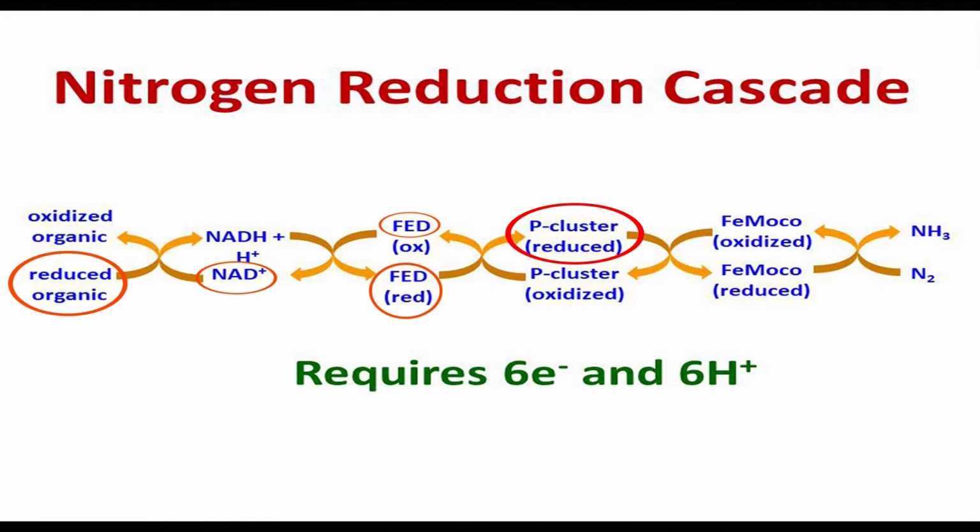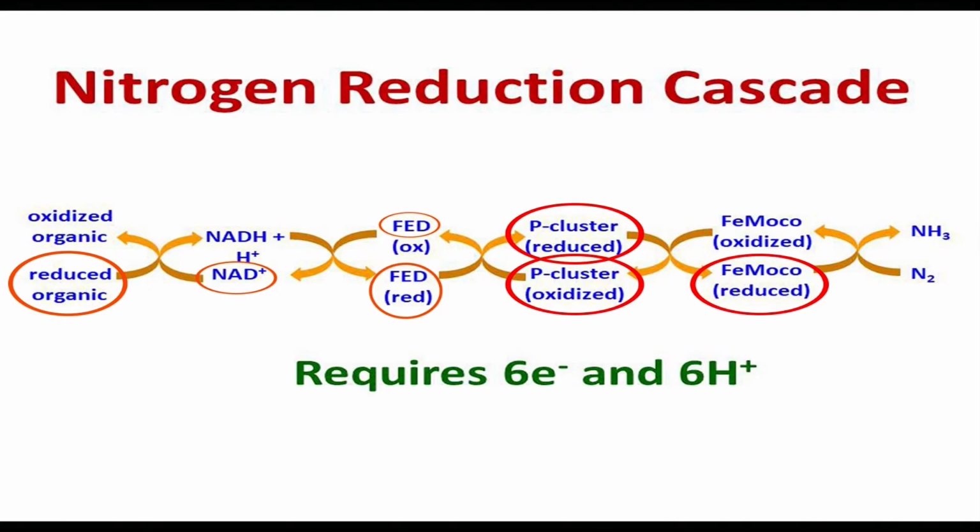So, this is the way electrons are transported from the reduced organic to the P cluster, where they are stored, and this P cluster gives electrons to the iron molybdenum cofactor, and the iron molybdenum cofactor gets reduced, whereas the P cluster gets oxidized.